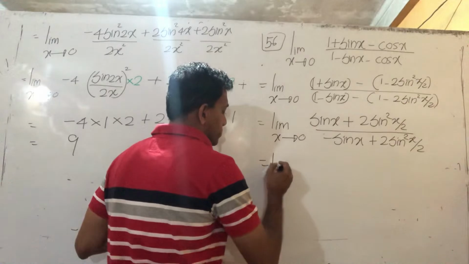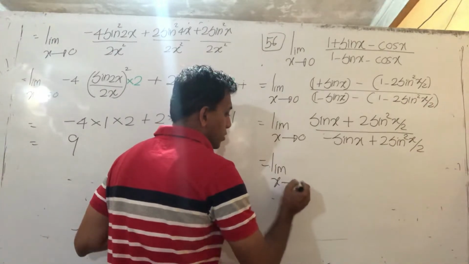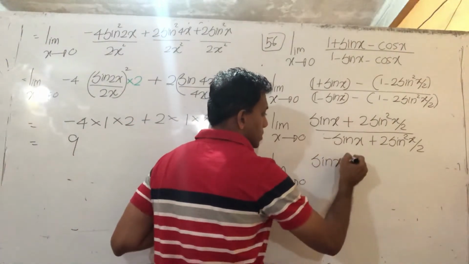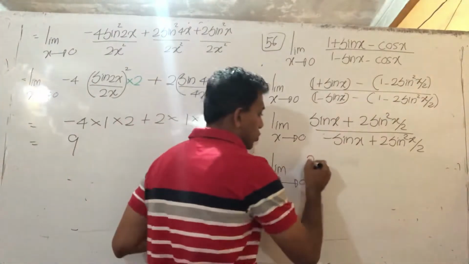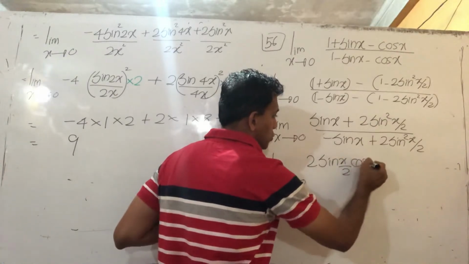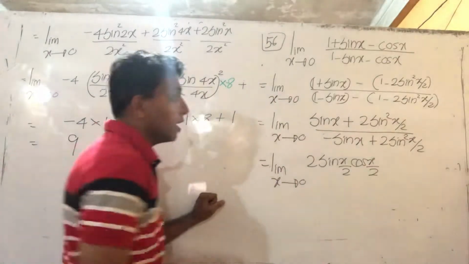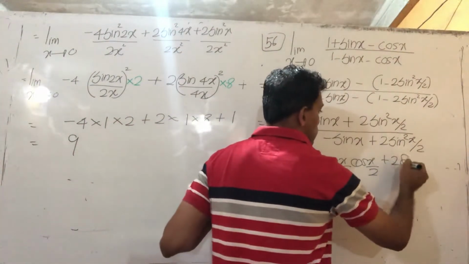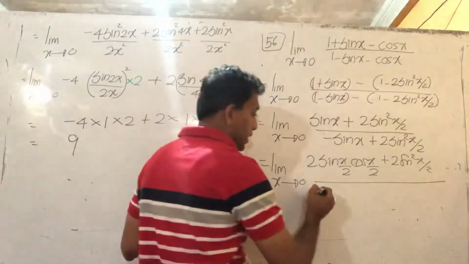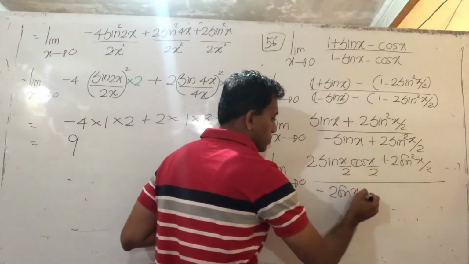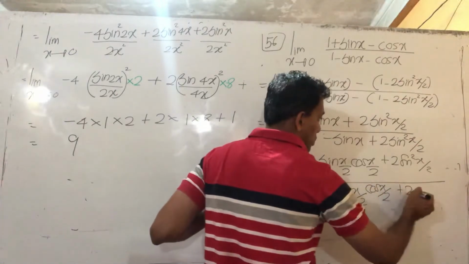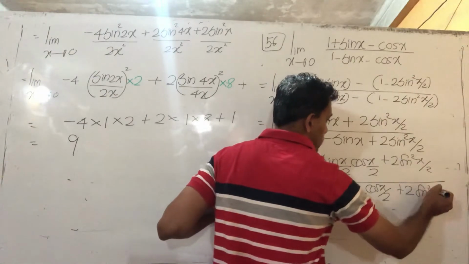So limit x tends to 0, sine x, then write sine x as 2 sine x by 2 cos x by 2, and plus here 2 sine square x by 2, over, same method below, minus 2 sine x by 2 cos x by 2 plus 2 sine square x by 2.